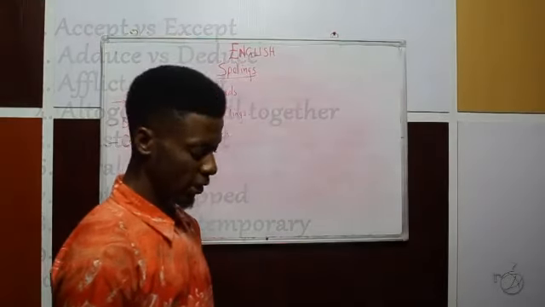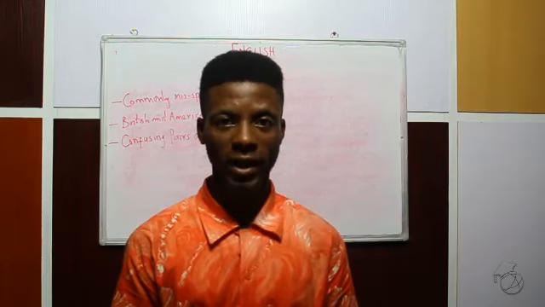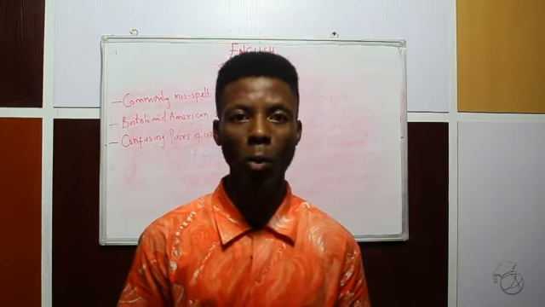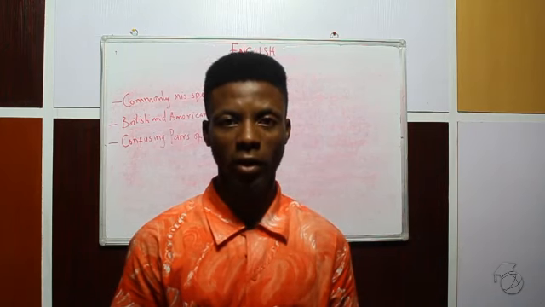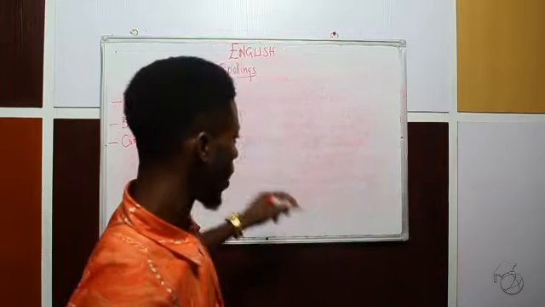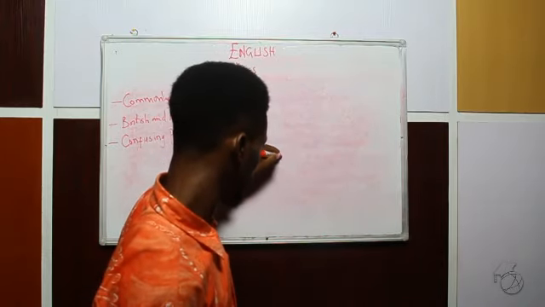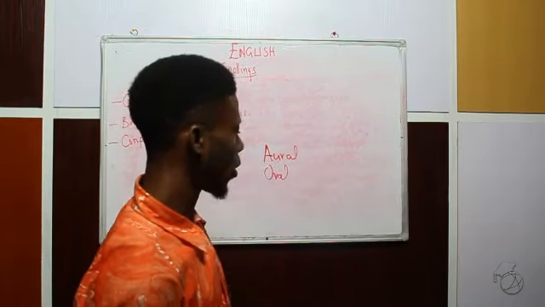We have aural and oral. Let us take cognizance of the spelling of these words. We said earlier that most of these words are homophones, that is, words that sound the same way, but differ in spelling and meaning.